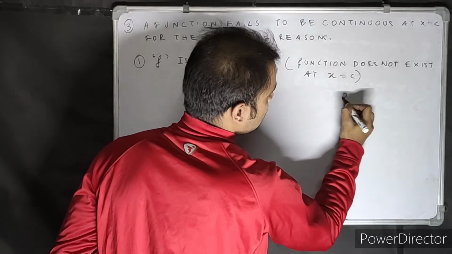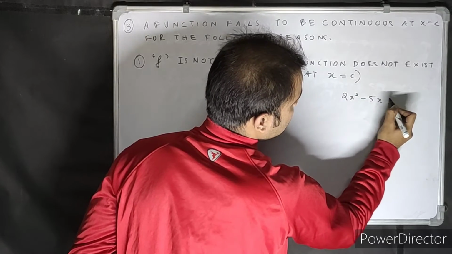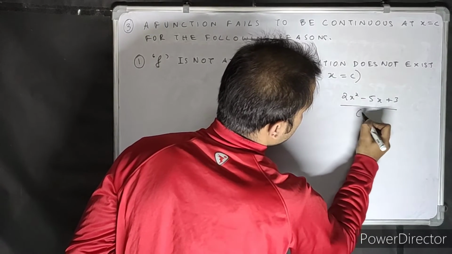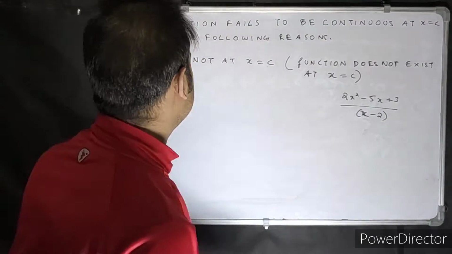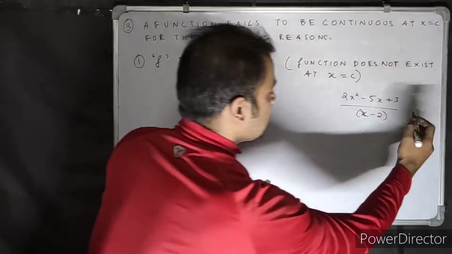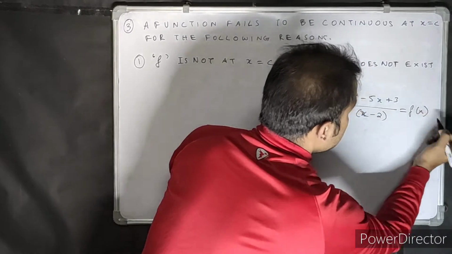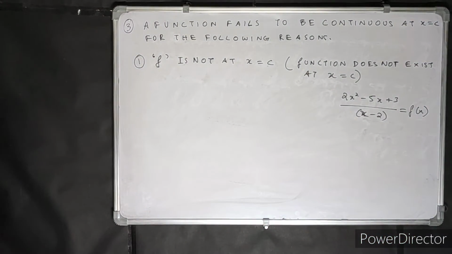Like that function 2x square minus 5x plus 3 or something like that, divided by x minus 2. So when you take 2, the function does not exist. When you write this as f of x, as you write 2, the function does not exist.